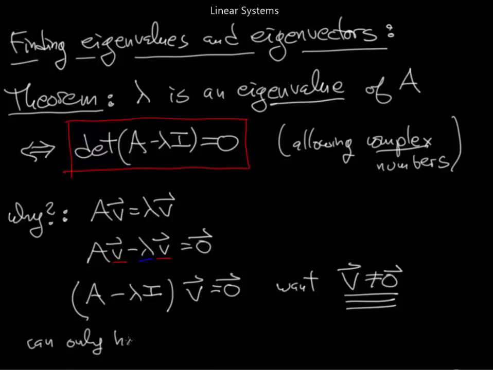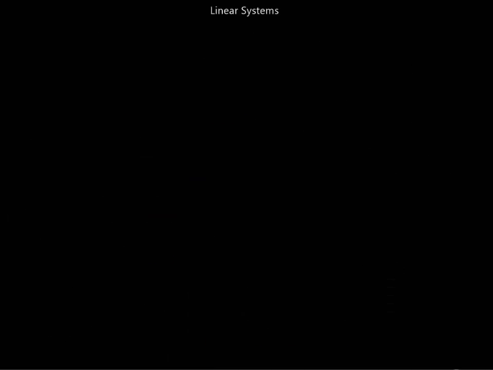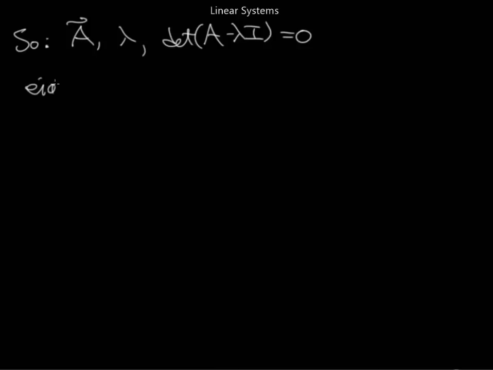And an equation like this, a matrix times a vector equal to 0, can hold if and only if the determinant of that matrix is 0. So that's the idea. Finding an eigenvalue is exactly the same thing as making this determinant equal to 0. Suppose I find a lambda which makes it 0.